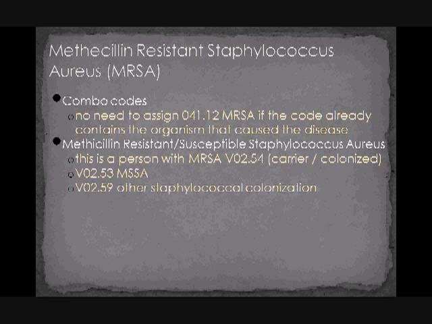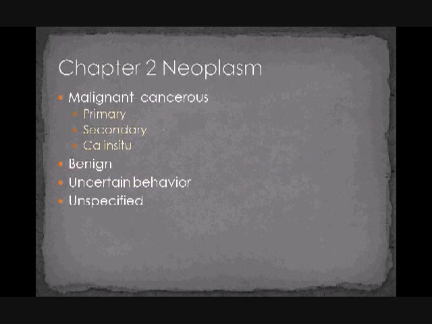There is no need to code MRSA and then code anything else, because the code that you're getting already contains everything. It contains the organism and it contains the disease. So you don't have to code anything else. That's just something to be mindful of.